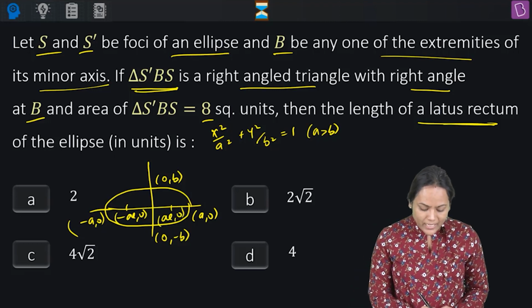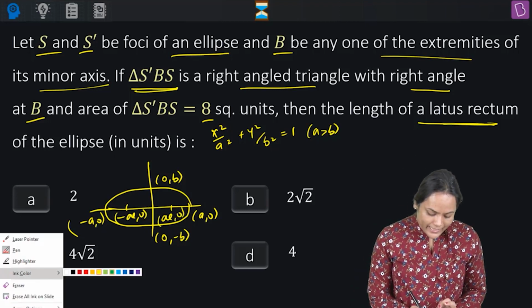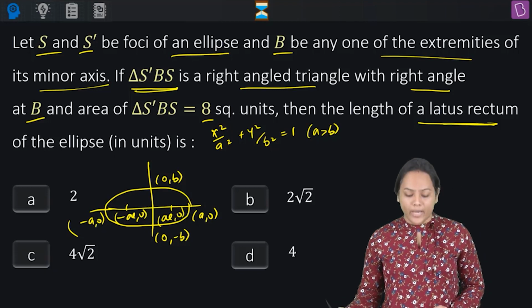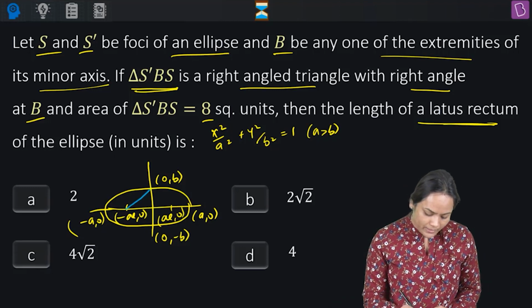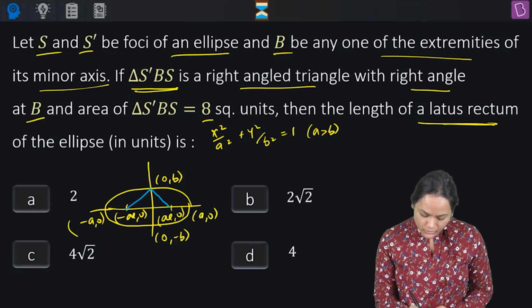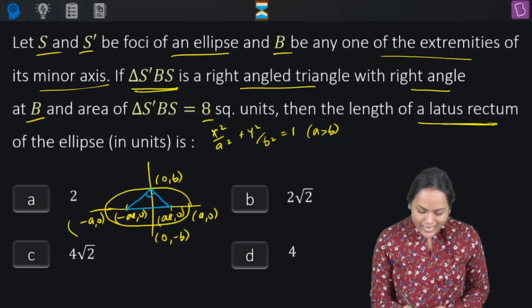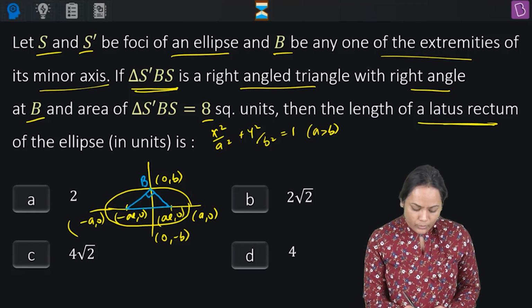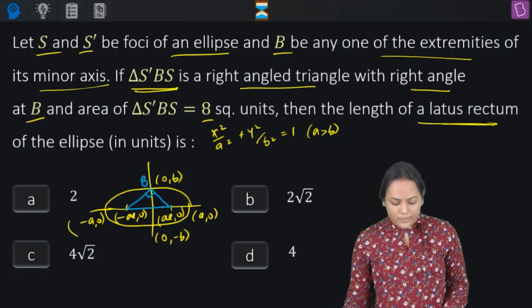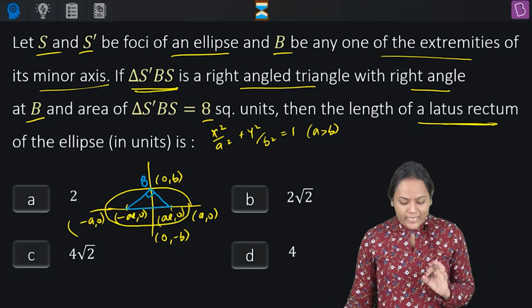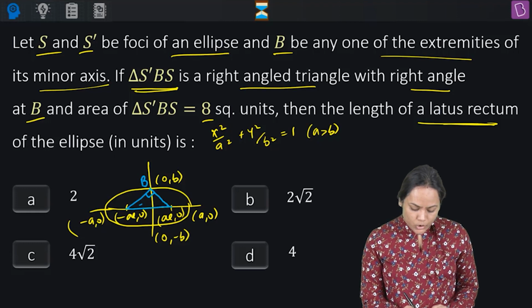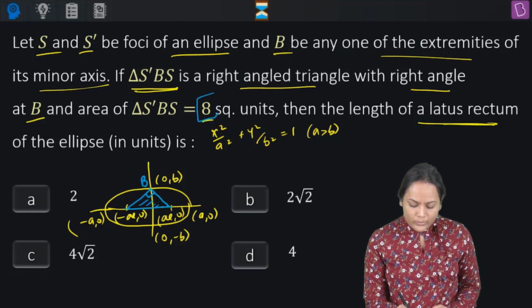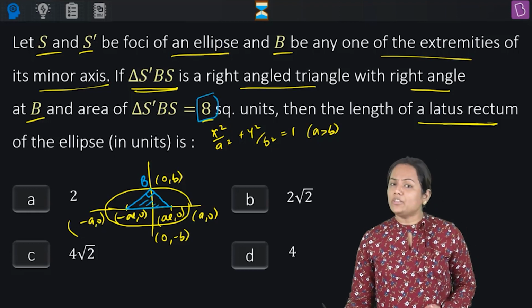So what they have given is that the triangle S dash BS is right angled. So let me take this as my right angle triangle which they are talking about. It's right angled at the vertex. Let me take this point as B. Clear? And what they have said, the area of this triangle, the shaded one, is equal to 8. What is the length of LR?